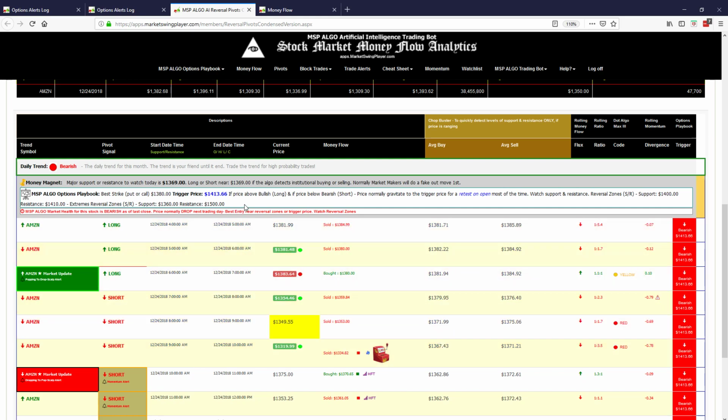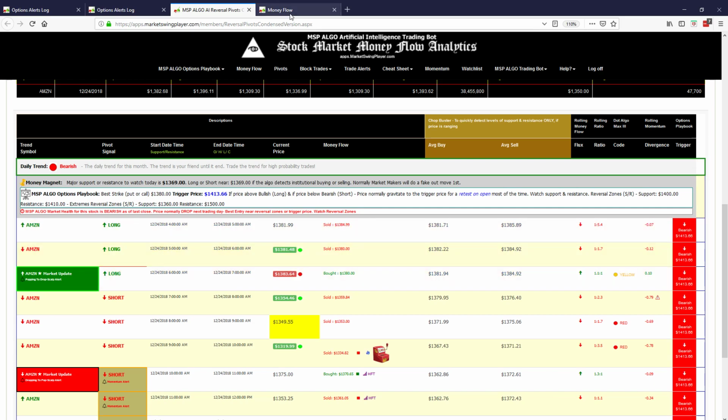We also have some information here about the options playbook, so you don't have to switch back and forth. This is the option trigger price, and if price is below it, it's bearish, and if above it, it's bullish. But it doesn't have anything to do with how to trade it. It just depends on what that alert was.